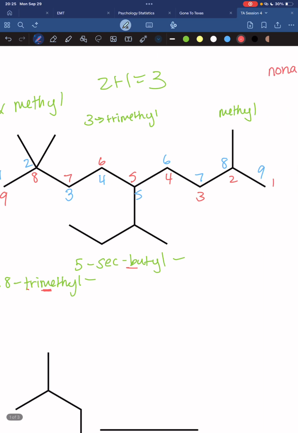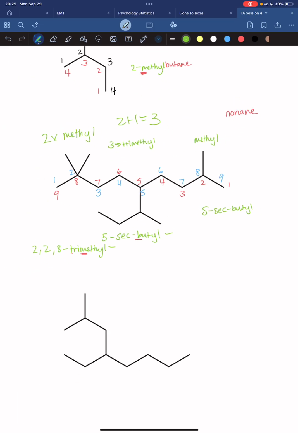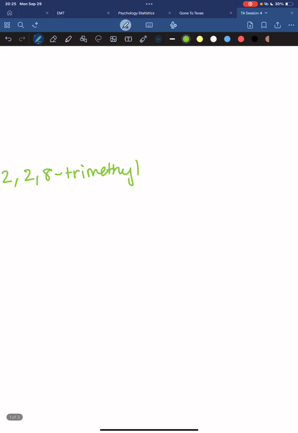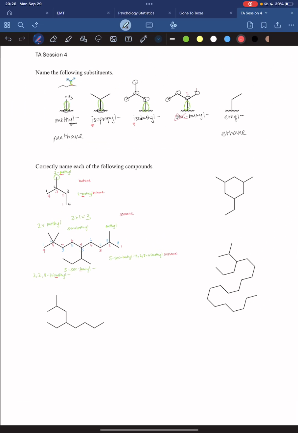So this is 5-sec-butyl. My handwriting's not the best here. The next is 2,2,8 trimethyl. And then finally, our parent chain, nonane. And there you go. That's how you name that one.